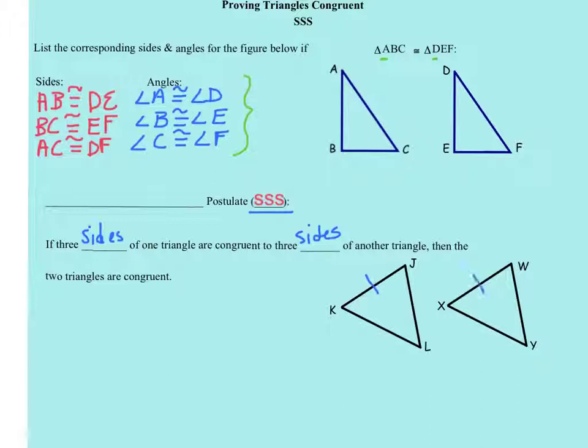So if we can come up with a way to mark two triangles in this fashion, where the first side's congruent to the first side, a second side congruent to a second side, and a third side congruent to a third side, notice we don't have to say a thing about the angles. The sides are enough. Three sides to three sides, those two triangles are congruent.